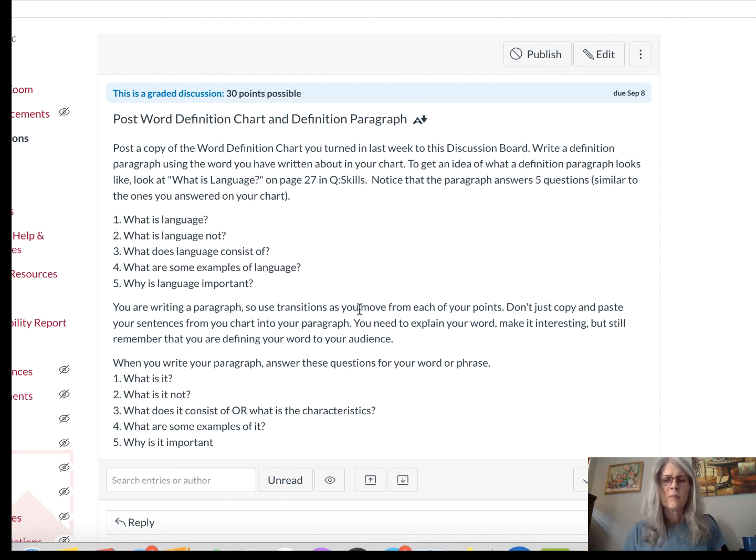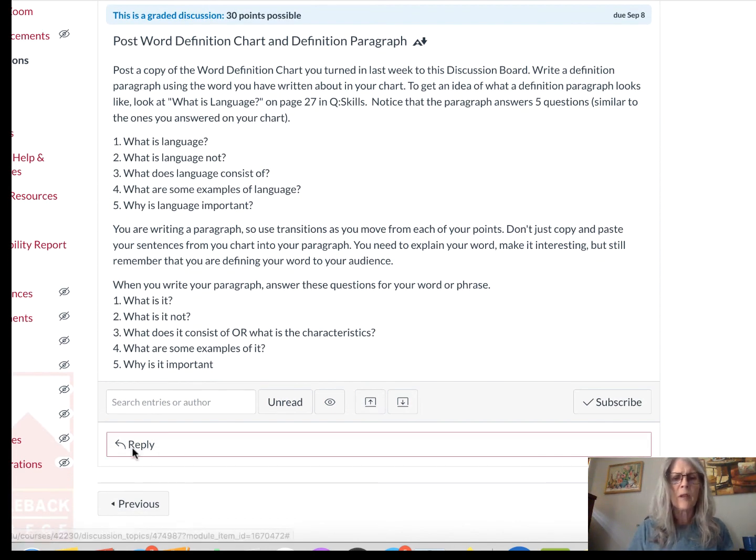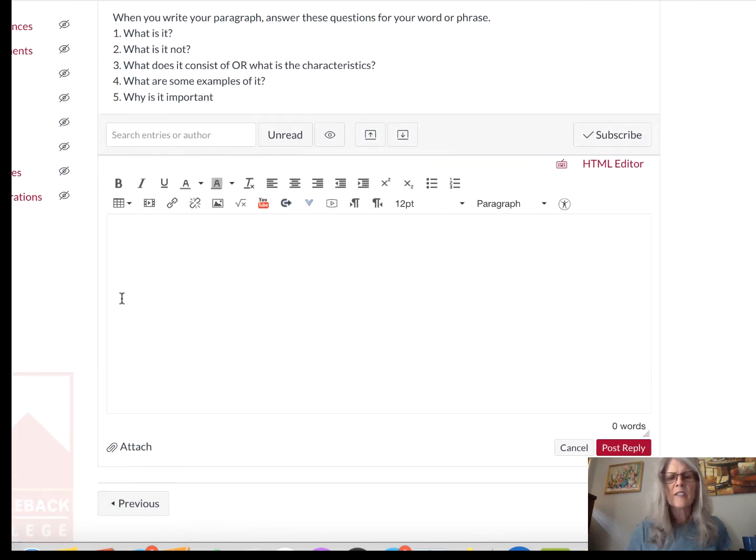So you can copy and paste. For example, if we hit reply, you can actually copy and paste your definition paragraph just right in here, and then you want to attach your chart, okay? Or you can just embed your chart if you want to embed the image. If you just want to take a picture of your chart and embed it right directly into the writing area here, you can, or you can just attach your document or your PDF or whatever.